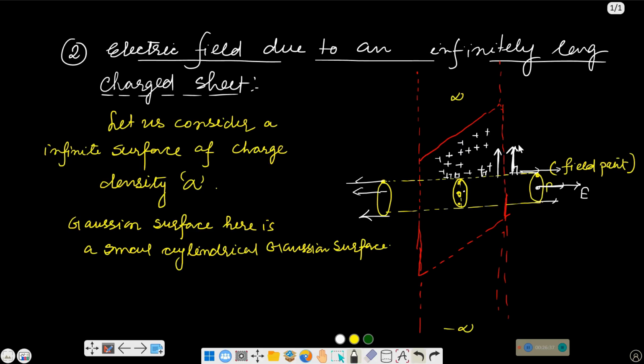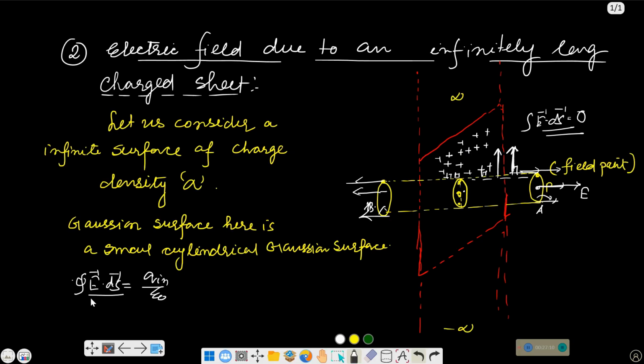If you write E dot ds for the cylindrical Gaussian surface, then you will get 0. Now for this one, suppose this area is A and this area is B. The area of cross section will be the same, A. Then the integral of E dot ds is equal to Q in by epsilon naught.